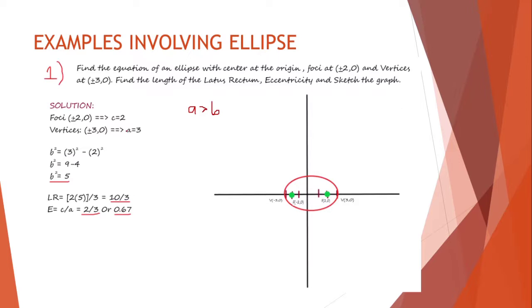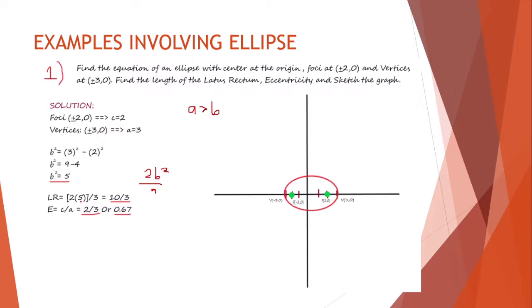We have c and a. Our c is 2. Since b is missing, we have a squared minus c squared, so 9 minus 4 is 5. So b is the square root of 5. Nothing was said about it in the equation, so we don't determine it here. For the length of the latus rectum, we have 2b squared over a, where b is the square root of 5.